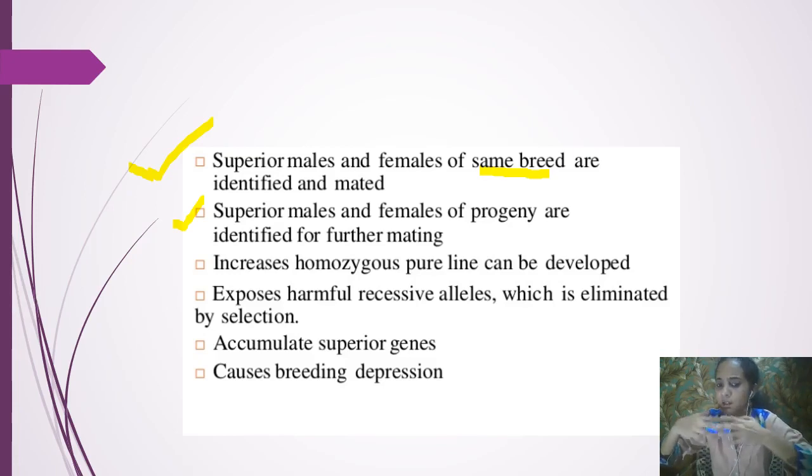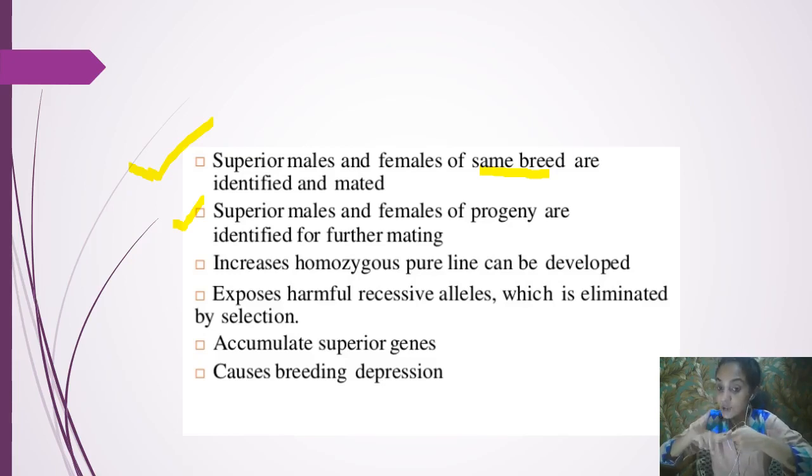So if any recessive alleles are hidden in their genes, because one will be dominant and the other recessive, that can be eliminated by this method. Clear? And by this method, we can accumulate the superior genes.